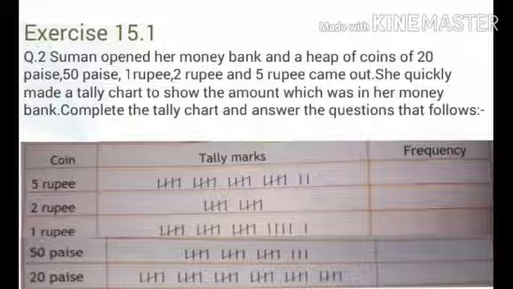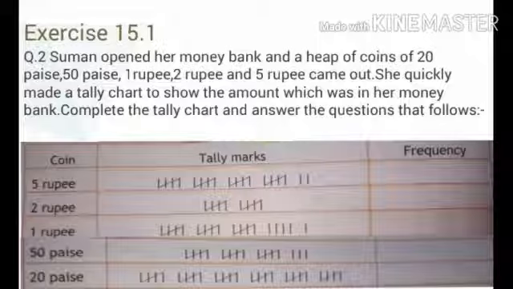So let us count how many 5 rupees are there. As I count, after we count you write down in the frequency. 1, 2, 3, 4, 5, 6, 7, 8, 9, 10, 11, 12, 13, 14, 15, 16, 17, 18, 19, 20, 21, 22. So you will write here 22 in 5 rupee.